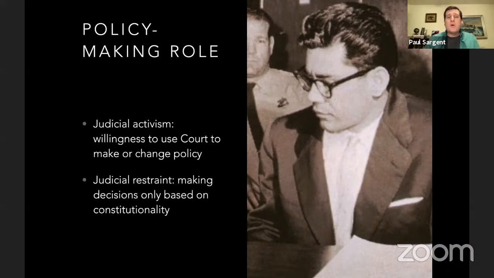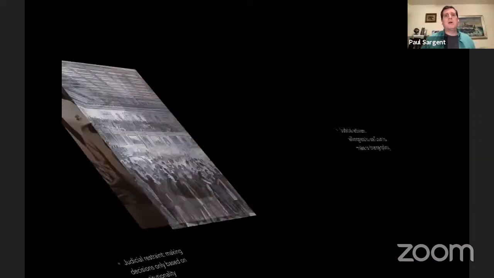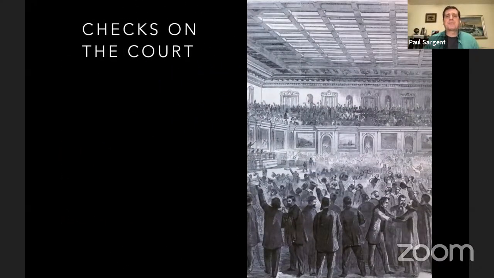And if they were not informed of those rights, then what they said could not be used against them in court. So you see the difference. One is a very specific ruling. One is a very broad ruling. The restraint ruling doesn't change policy too much. The activism ruling changes policy a lot and has police reading rights to people when they're getting arrested.